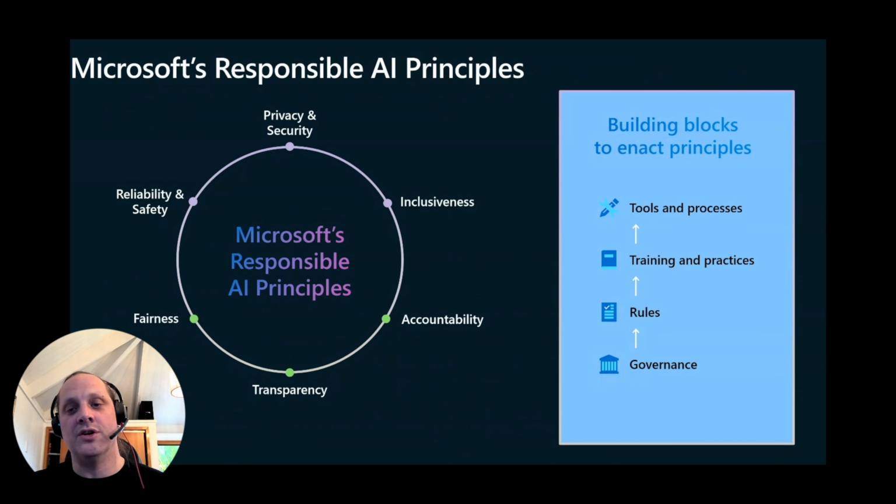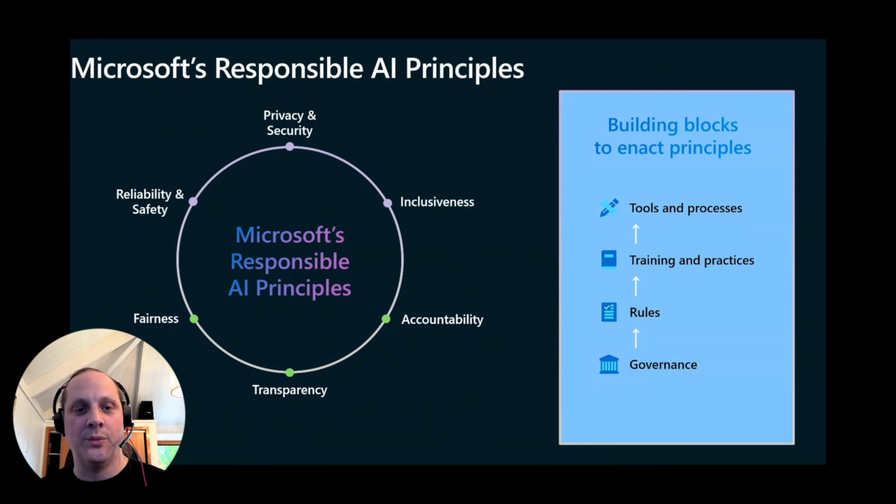And we encourage any organization that is thinking about how they use AI to have a set of principles and a framework they can use to ensure they're doing things responsibly. We have 6 pillars in our framework. Privacy and security: how we deal with the data being used by these AIs.